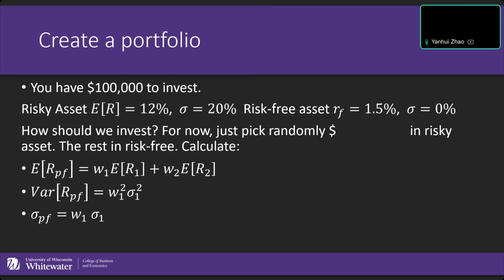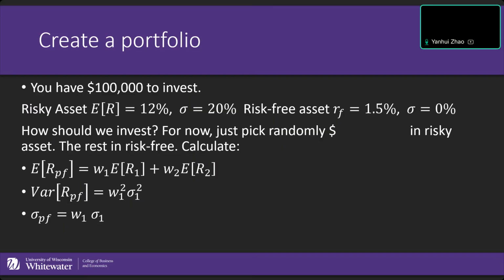Remember, if I buy a T-bill here today, I know the return for sure, right? No matter whether the economy in the next month is a recession or boom or normal, I know the return for sure. So that's why the standard deviation is 0%. How should we invest? We have 100,000 to invest.